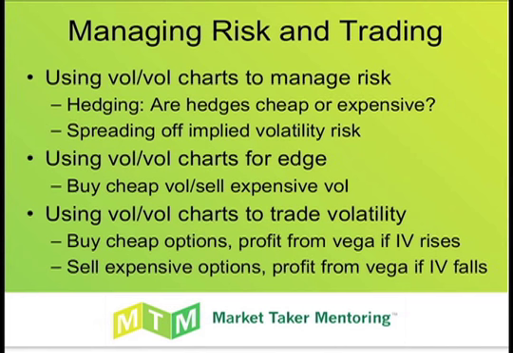Just look at it as points, okay? Volatility is 4 points higher. Because 4 points times Vega gives you the dollar value that the options are different, right?